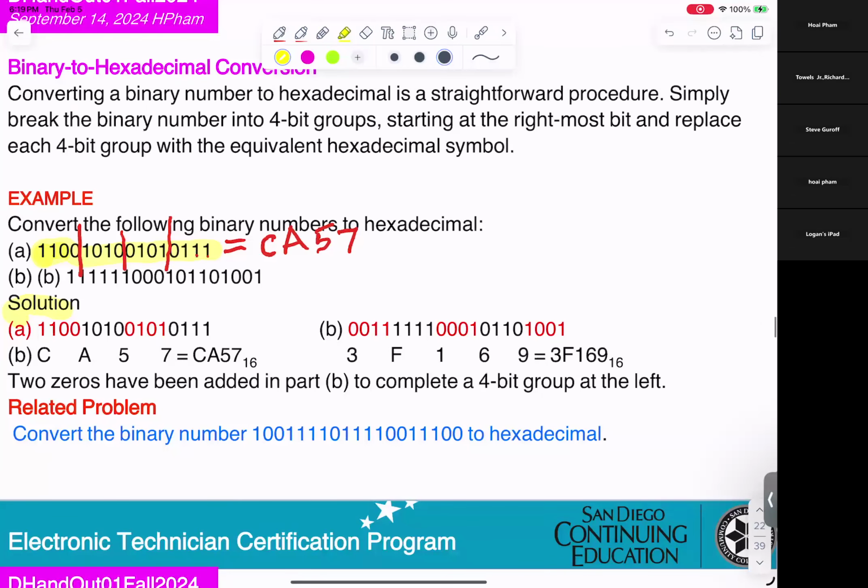Okay, let's see. If you want to do the left problem here, take one binary and convert to hex. First thing you count 1, 2, 3, 4. 4 bits for hex. 1, 2, 3, 4. 1, 1, 1, 1. 0, 0, 1, 1.